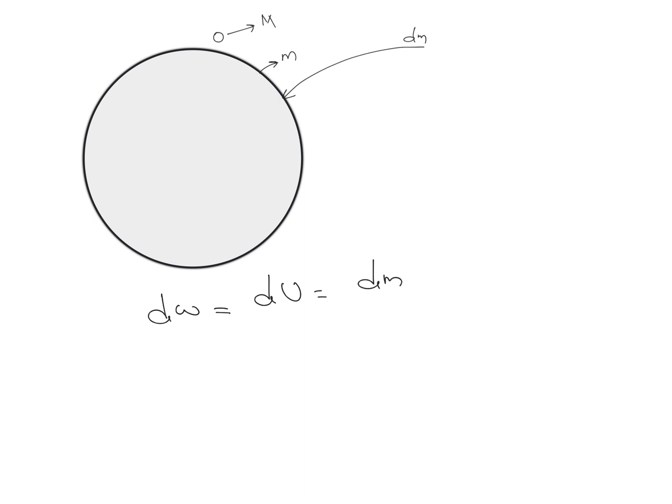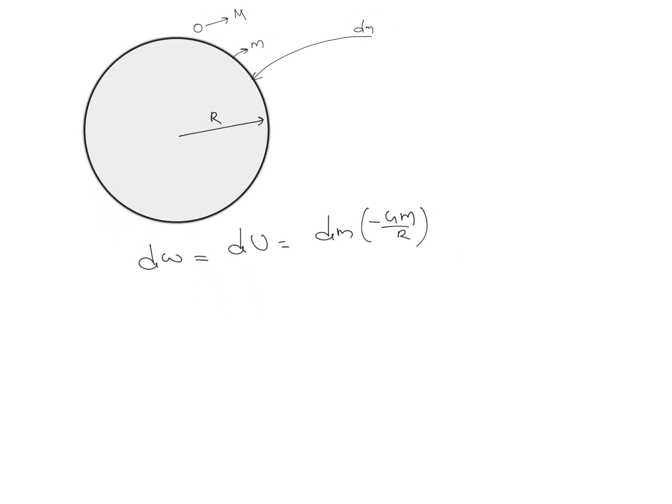We know the potential for a hollow sphere of mass m and radius R, so we can use this value here. Its potential is minus Gm divided by R. That means to put another small mass dm here, the work done is equal to minus Gm divided by R into dm. We can modify this equation as Gm dm divided by R.